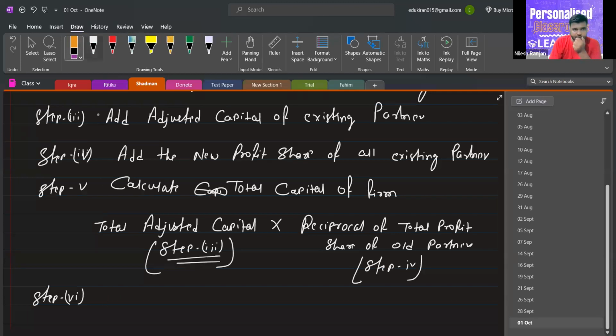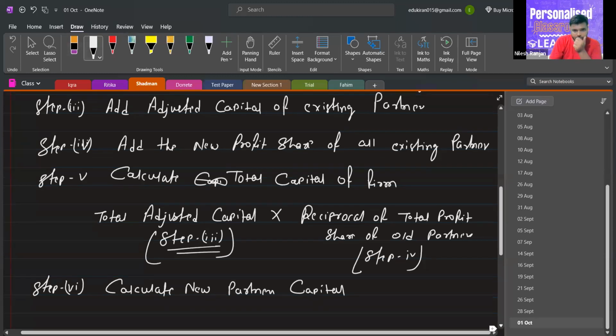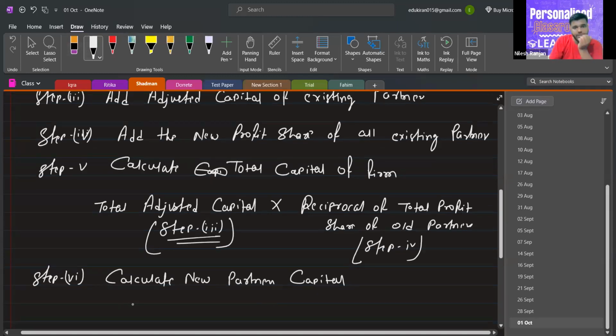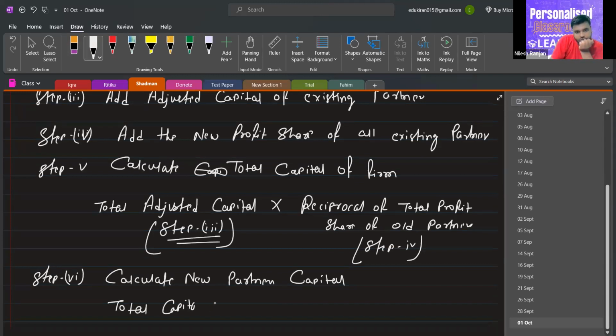Just calculate the new partner's capital by the following formula. It will be the total capital of the firm calculated in step 5, multiplied by the new partner's share.